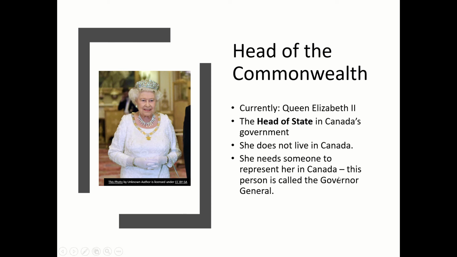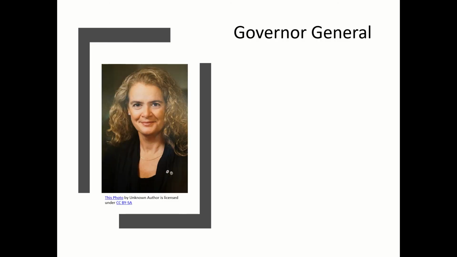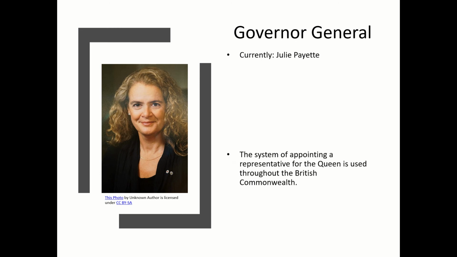Her representative in Canada is the Governor General, someone that is selected. The Governor General acts on behalf of the Queen. The Governor General in Canada right now is Julie Payette. Interesting woman. I believe she was an astronaut.